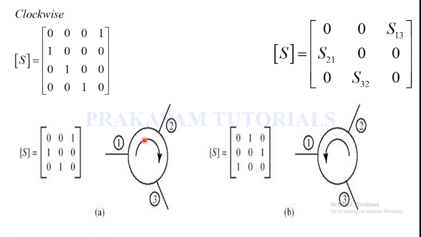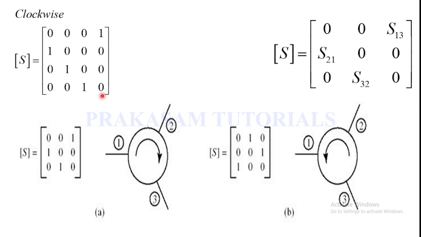And this is the S parameter matrix of the 4-port circulator. For the 4-port circulator, the scattering matrix S is S11, S12, S13, S14, S21, S22, S23, S24, S31, S32, S33, S34, S41, S42, S43, S44.